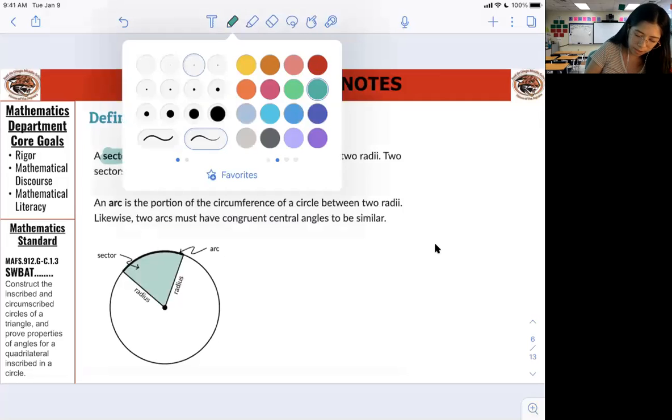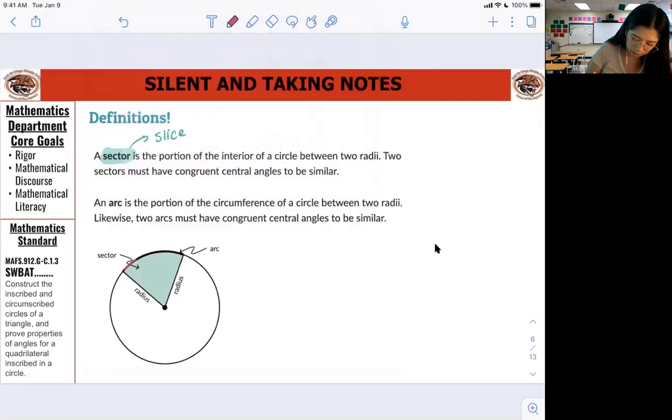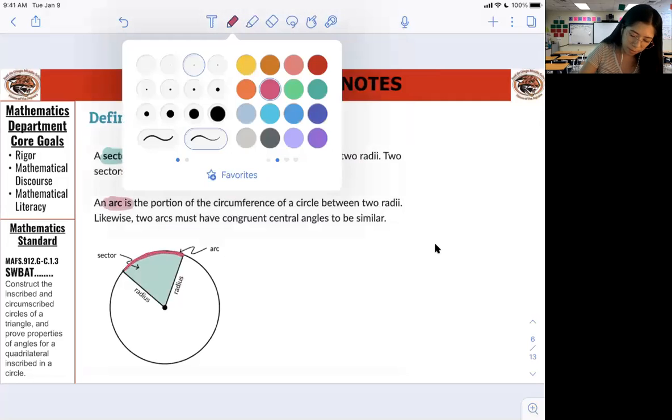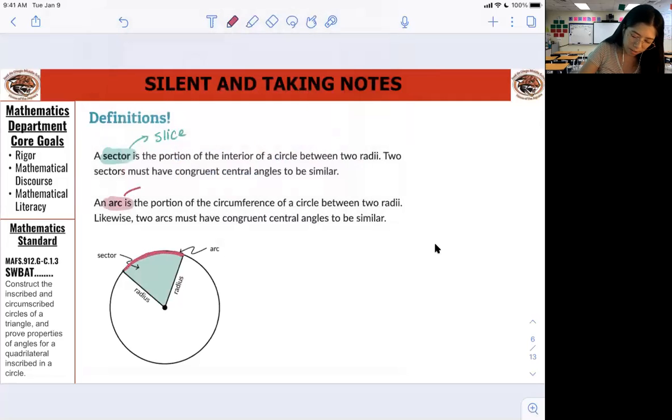Let me go ahead and highlight the arc because I didn't color it. So this right here, the arc, is a portion of the circumference. If you have a pizza, what would be the arc? If you take out a slice, look at where I highlighted it.